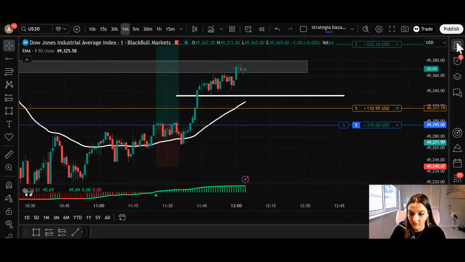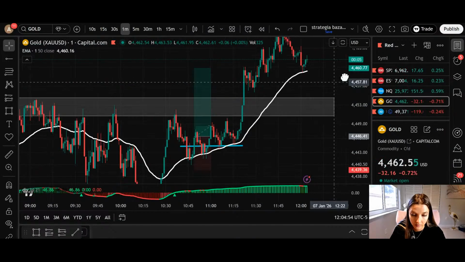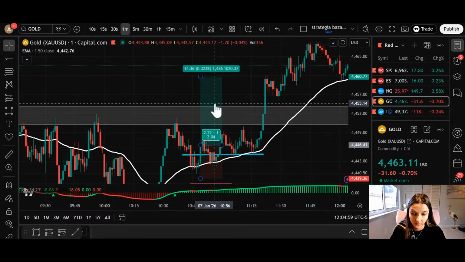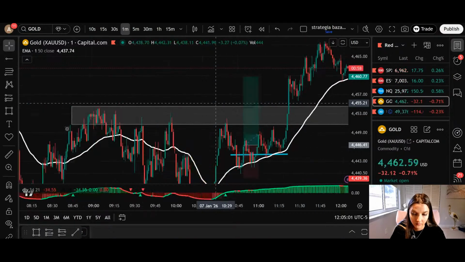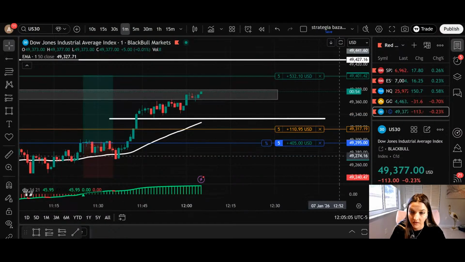Let's see what gold is doing. I did take a trade on gold, guys, right here. So for people that didn't see, my stop loss should always be below the last low. What if it works on crypto? Panda, what?